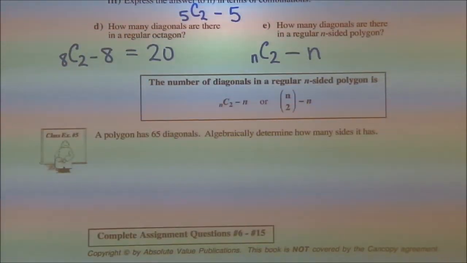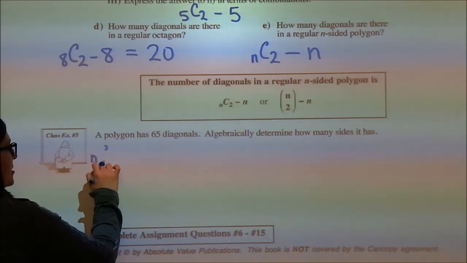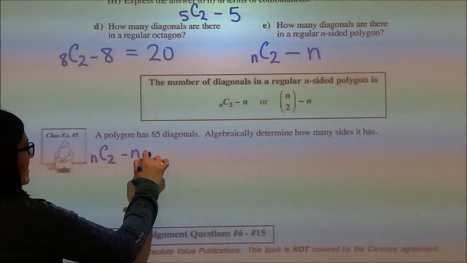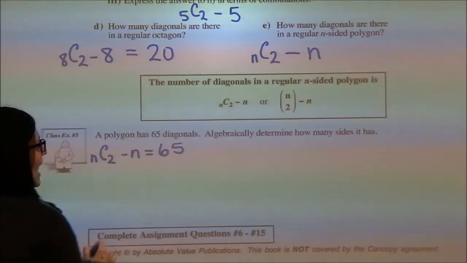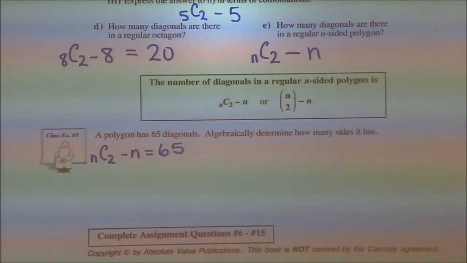So the last question. You're given the number of diagonals. A polygon has 65 diagonals. How many sides does it have? So this is my nC2 minus n has to equal 65.